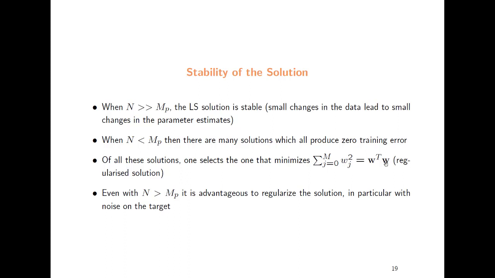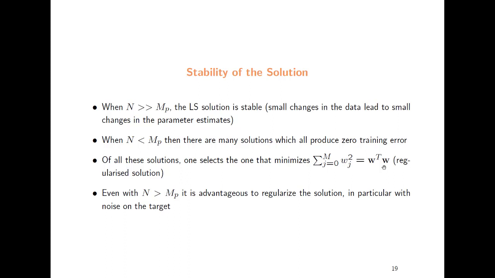So this makes the solution unique. Before we had many solutions. When we decide to select the one which has the shortest length, we make the solution unique. And typically we always do it, not just in this case when we have few data points.